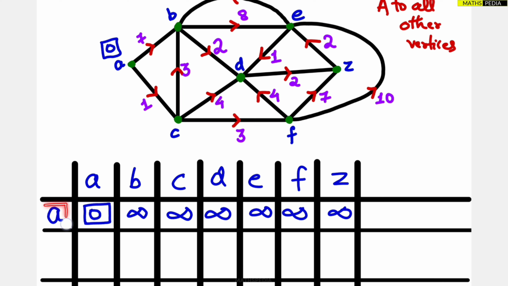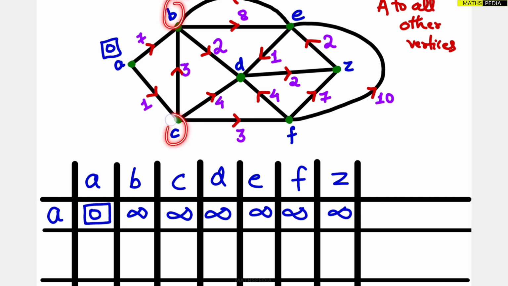Now, since we have taken A as the starting point with permanent label 0, for whatever vertices are connected to it, we have to find the new value. A is connected to B and C, and that's all.